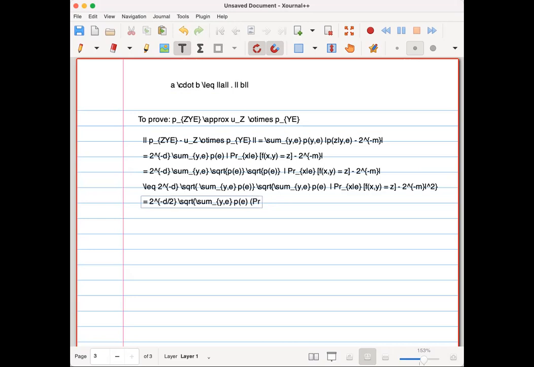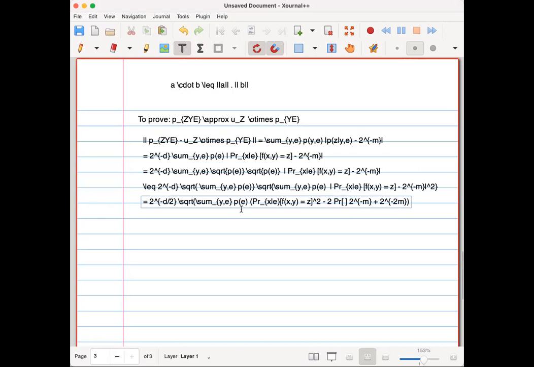So I'll just write the probability, so this square, minus twice, I'm not going to write the whole thing, this probability, and 2 to the minus m, plus 2 to the minus 2m. So I've just written the squared expression.